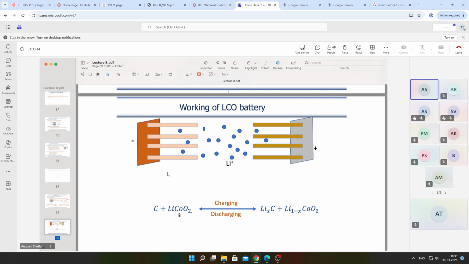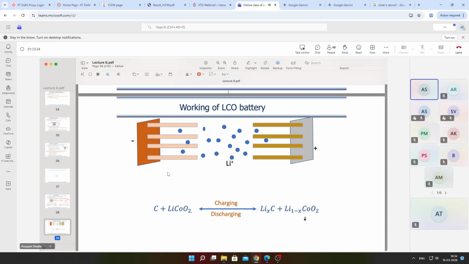When I charge it, lithium ion comes out from the positive electrode and goes into the negative electrode, and that will cause the current to flow from the charger to the positive electrode. The negative electrode becomes LiCx, and the positive electrode becomes Li1-x CoO2.